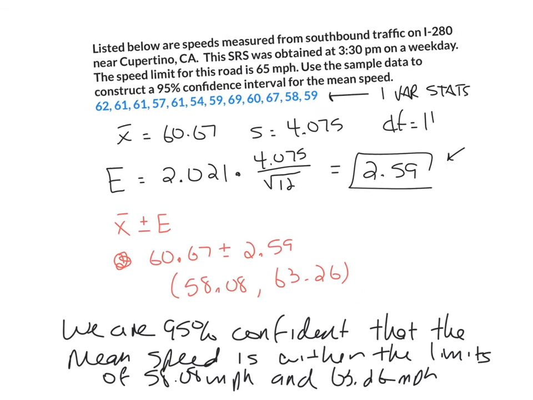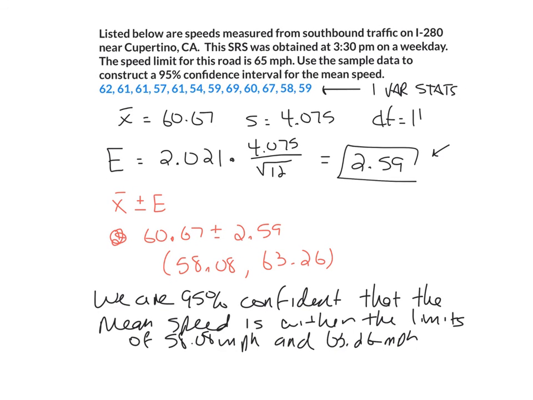Speed limit was 65, so most of the traffic, we're 95% confident that the mean speed, the average speed, is between 58 and 63, so people are doing pretty good.